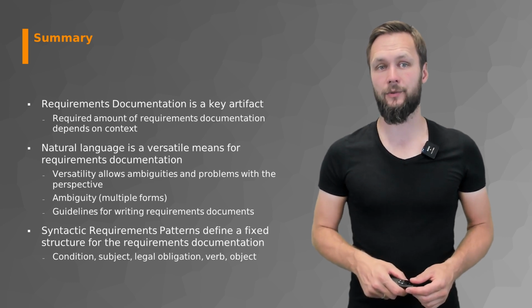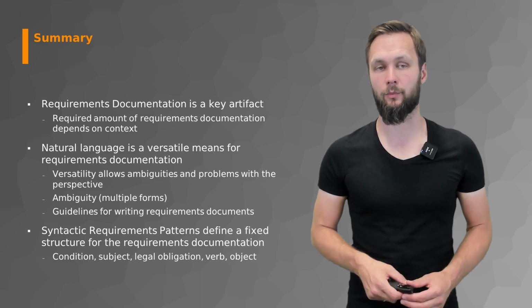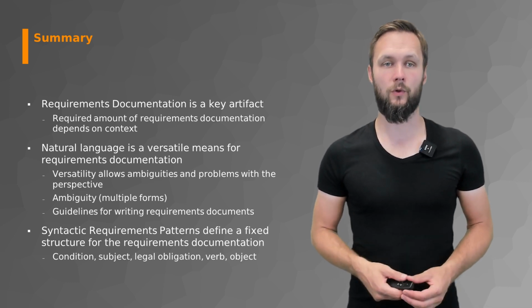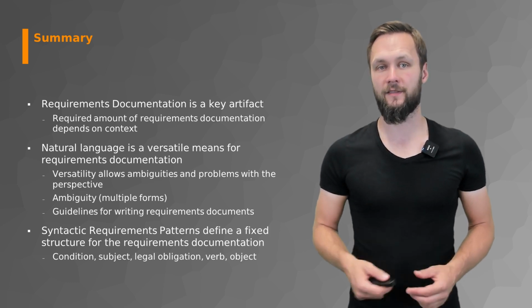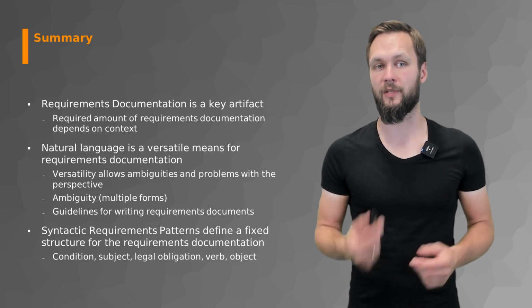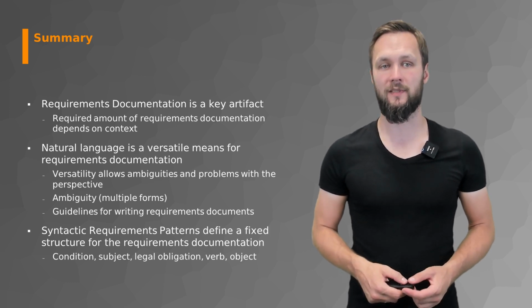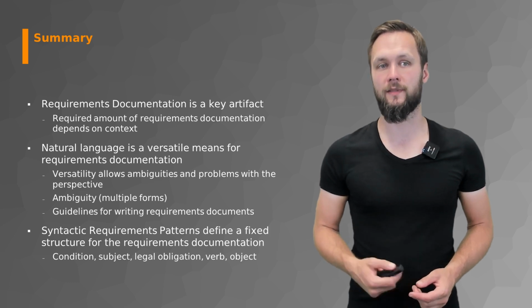Guidelines help you for writing good requirements documentation. So we looked at the style guidelines and some of the most common and most important ones. And we also looked at syntactic requirement patterns as a fixed structure for requirements documentation that also can help you to avoid ambiguity, but also to design and create good requirements documentation using textual means.